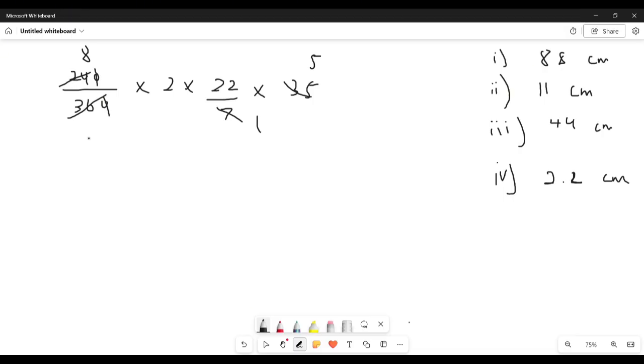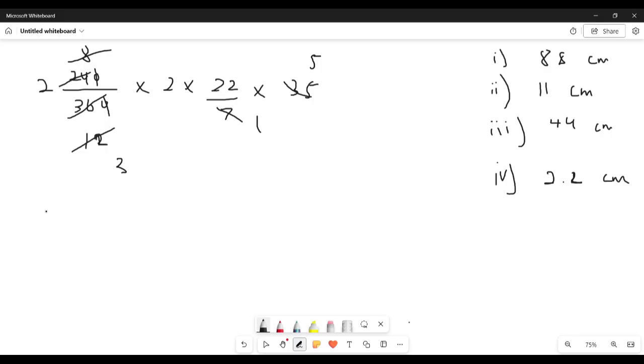And in here, it's 3 twelves are 36. Then 4 times 2 is 8. 4 times 3 is 12. So do we have anything else to cut? Nothing.